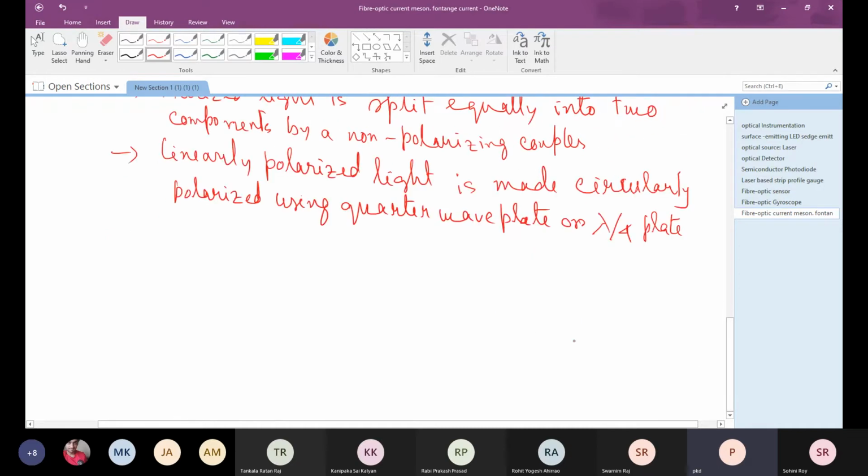If it is aligned at 45 degrees, then it makes the linearly polarized light into circularly polarized light.